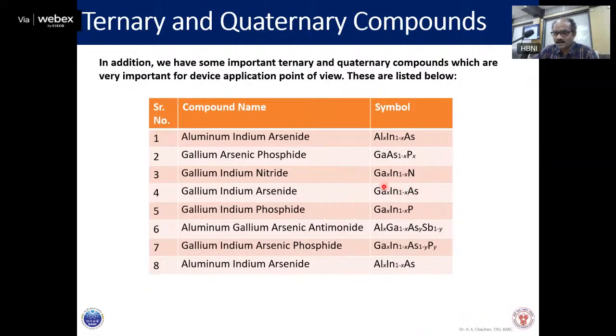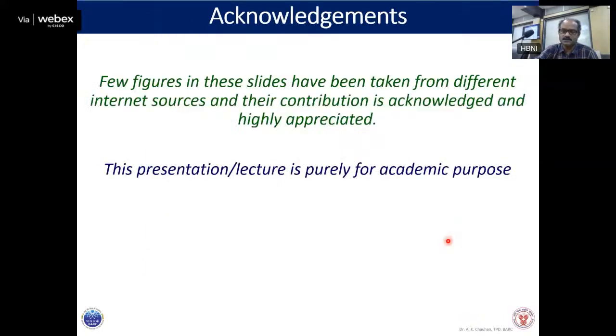Then indium will occupy 50% of the gallium sites, and the composition will become gallium 0.5, indium 0.5, and arsenide. Similarly for all these cases, a fractional element replaces the element in a fraction of the sites.